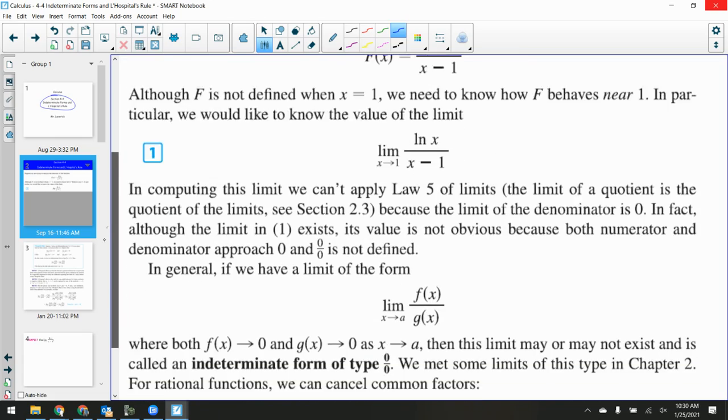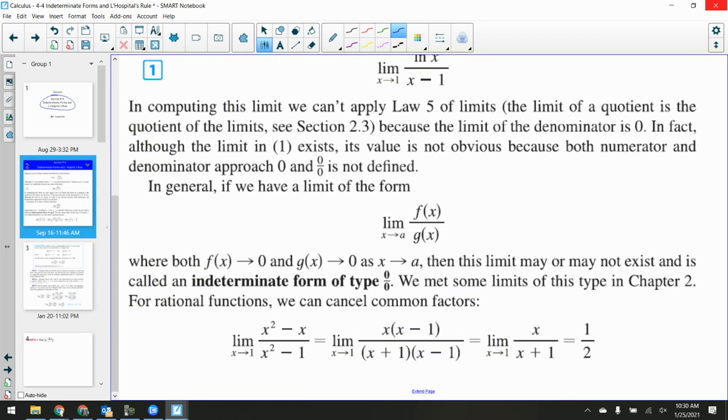So there's got to be something else I can do. In computing this limit, we can't just plug it in, and we can't take the limit of each quotient because the denominator is equal to 0. This is what's called an indeterminate form, where if I plug in the top and the bottom, I get 0 over 0.